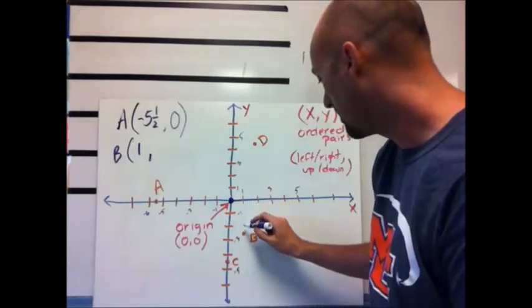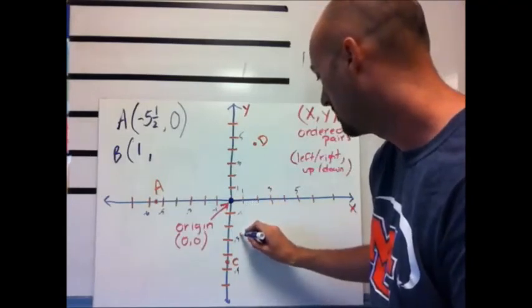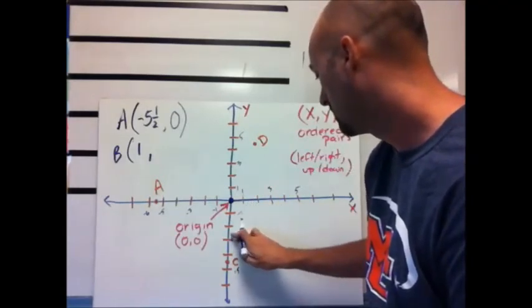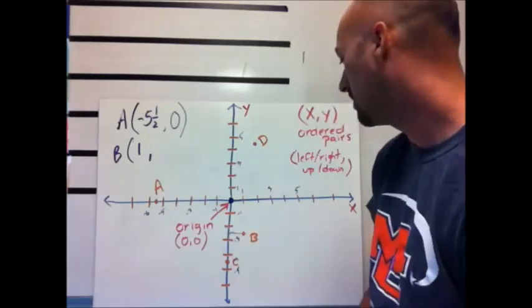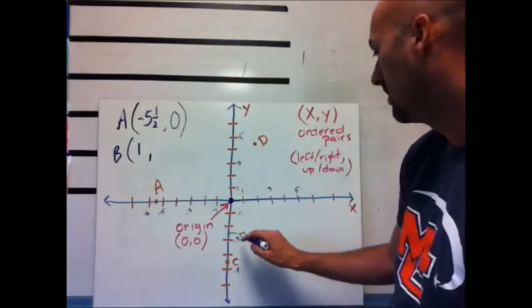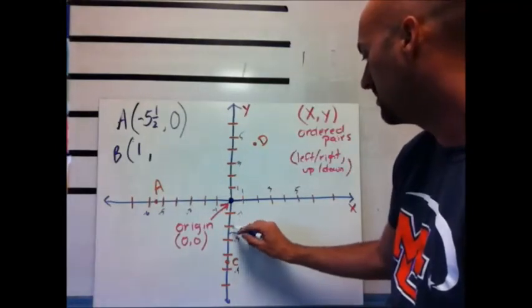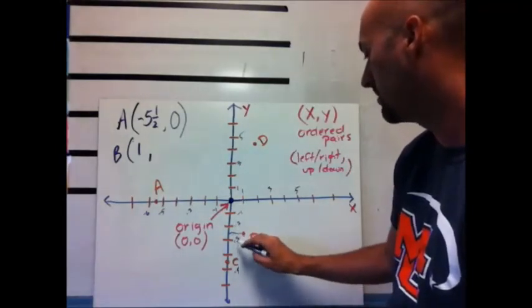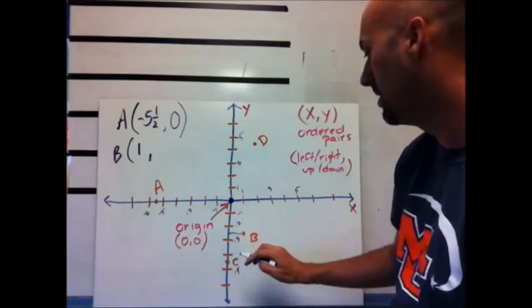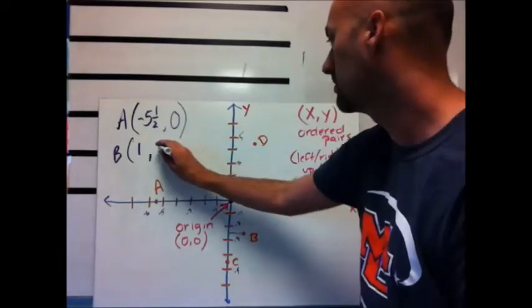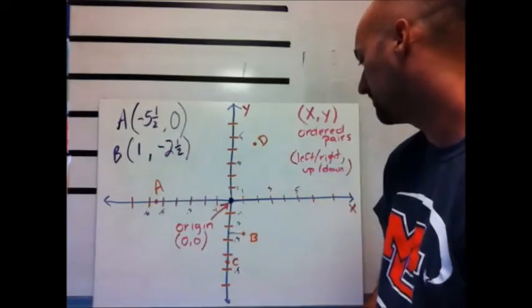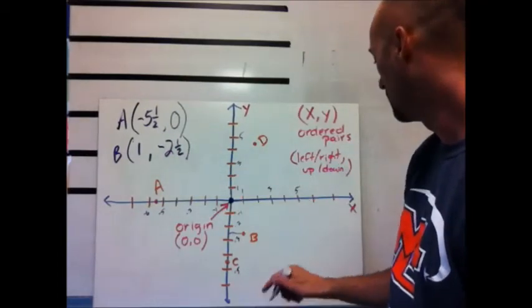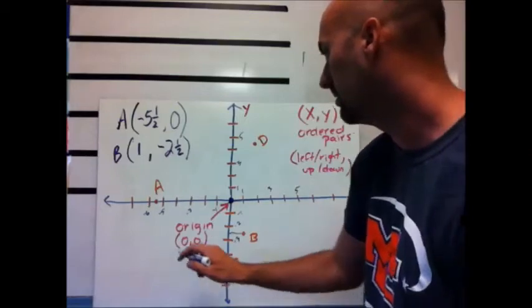And then I go all the way down and I see where it hits on the y, and it hits at, well, this is -2, and it's somewhere halfway between -2 and -3. So this is -2 and 1/2.